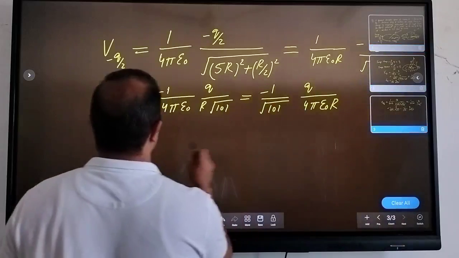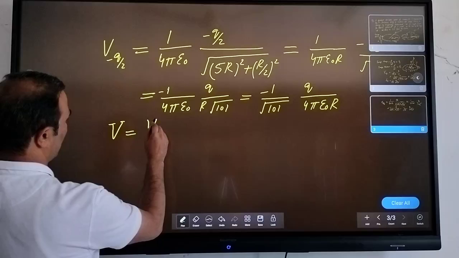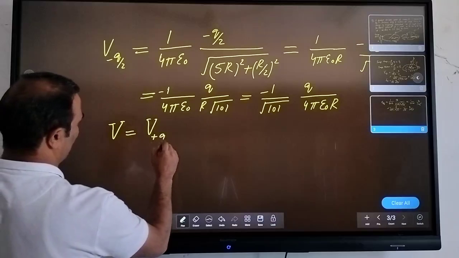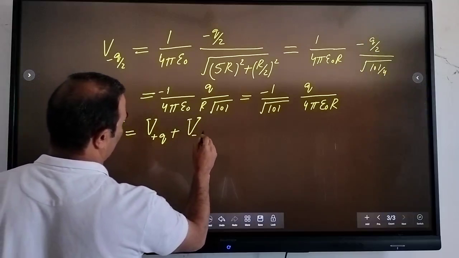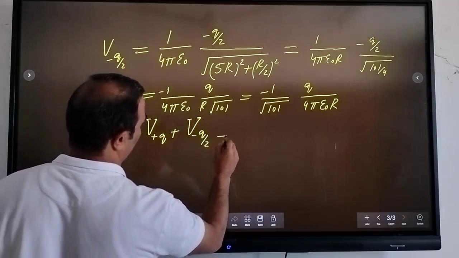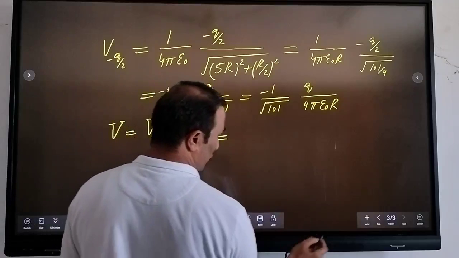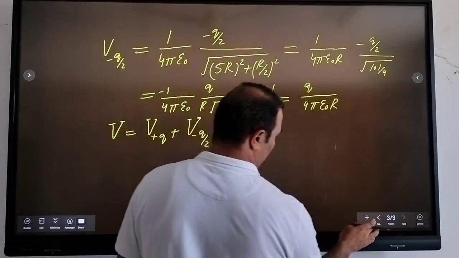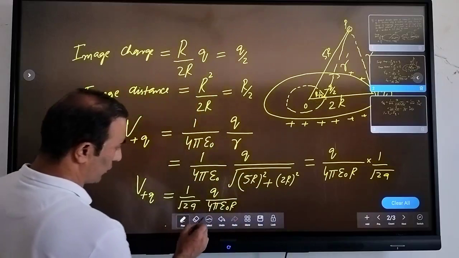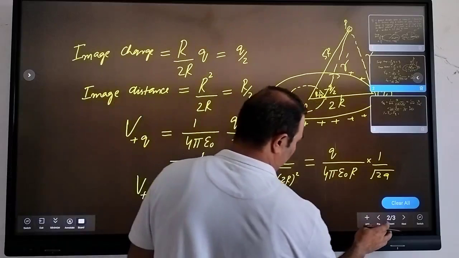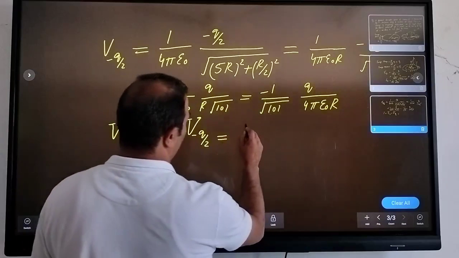so our net potential V will be V due to plus q charge plus the potential due to minus q by 2 of charge, okay. Or you can write this as, so if you check, what is this V of plus q? So V of plus q is 1 by square root of 29 times q by 4 pi epsilon naught r, right? So that is 1 by square root of 29.